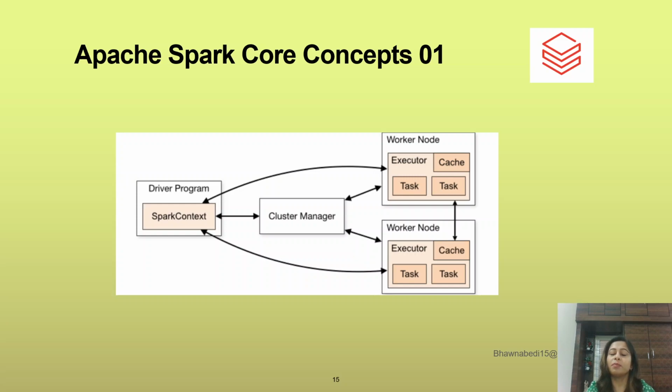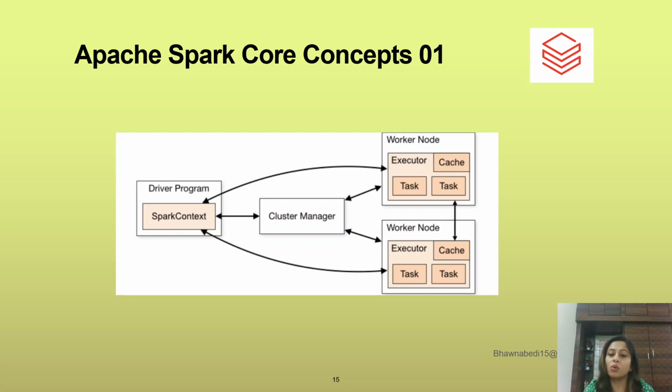Let's say you are trying to perform, just as an example, a join on two tables. Half of the data will go to one worker node, half of the data will go to another worker node, right? So that your work can be divided and it can execute in parallel. This is the overall concept of how Apache Spark actually works.